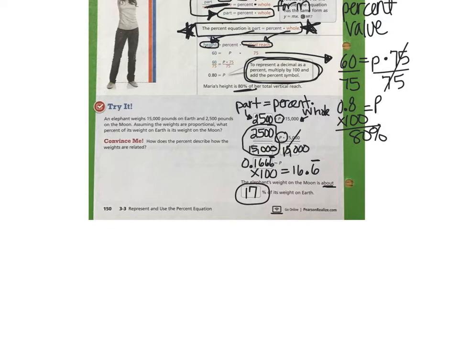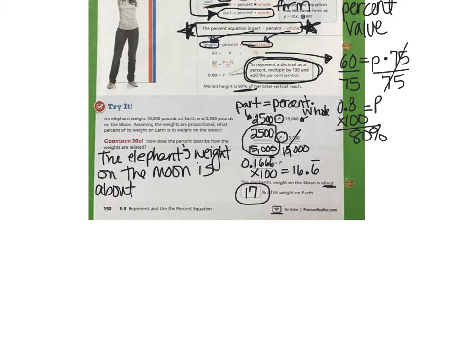Well, in this case, what it means is the elephant's weight on the moon is about 17% of its weight on the Earth.